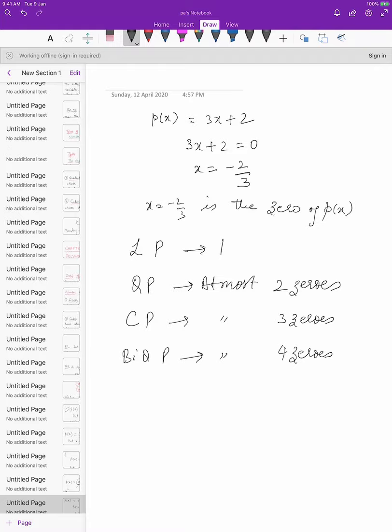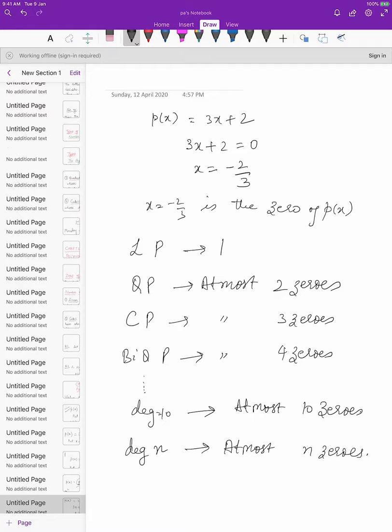Now suppose I ask you how many zeros a polynomial can have if its degree is 10, then how many zeros will it have? It will have at most 10 zeros. So in general, if I say the degree of the polynomial is n, an nth degree polynomial, how many zeros will it have? It will have at most n zeros.